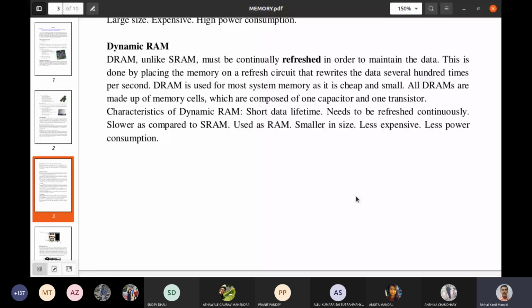Otherwise, due to the leakage of capacitor voltage, the high state may go to its low state, so data can be lost. So after a certain interval of time, it should be refreshed continuously. But it is less expensive, it consumes less power, is high density, smaller in size, and this can be used as the usual RAM of a computer, right?